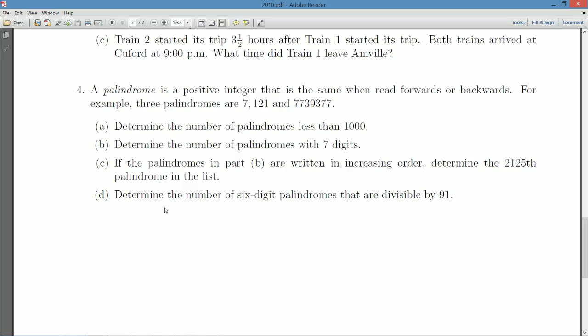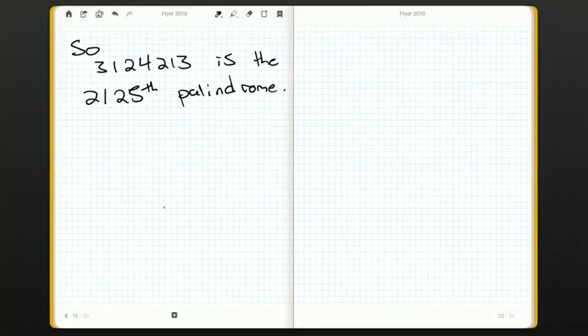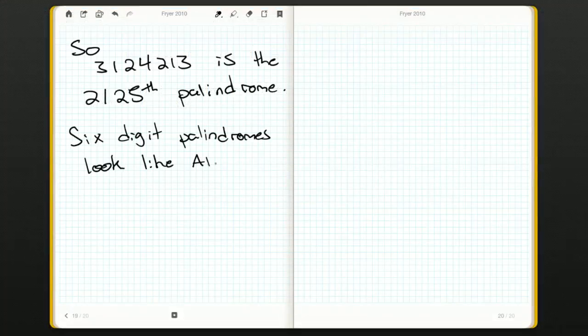Okay, so 6-digit palindromes. Well, what do those look like? So A, B, C, C, B, A. So we have duplicates of letters in each place.